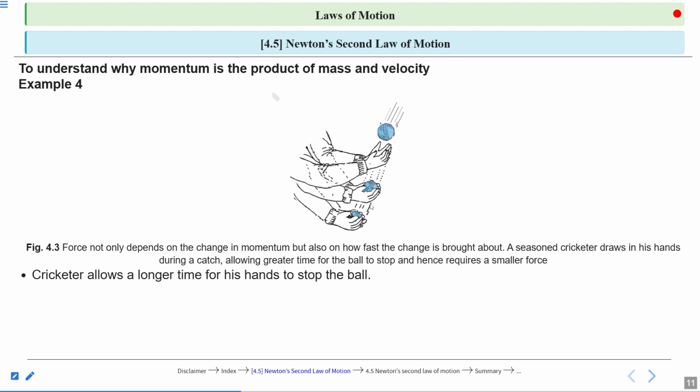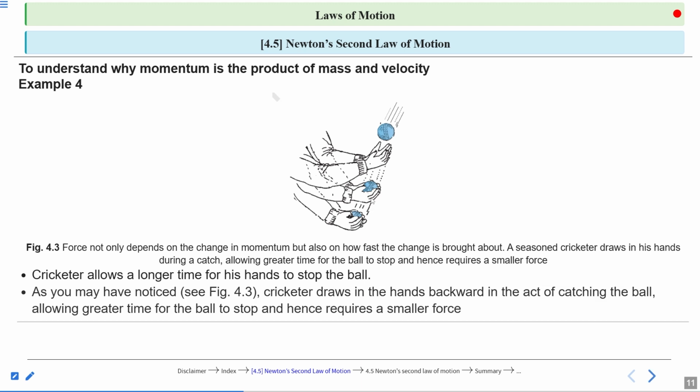So here the question arises, why? As you may have noticed, see figure 4.3, the cricketer draws in the hands backward. Yes or no? In the act of catching the ball, allowing greater time for the ball to stop and hence requiring a smaller force.